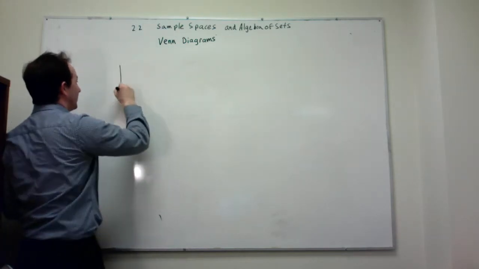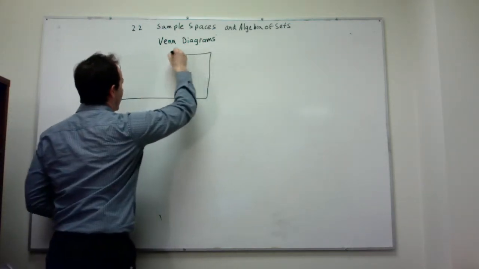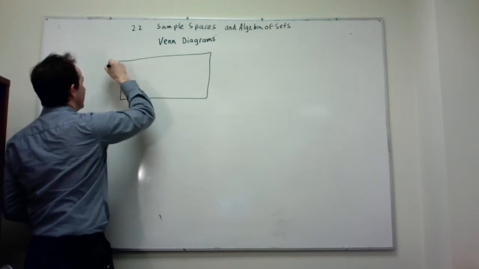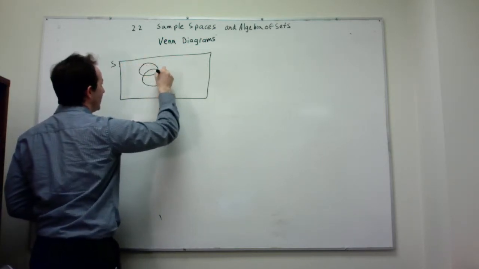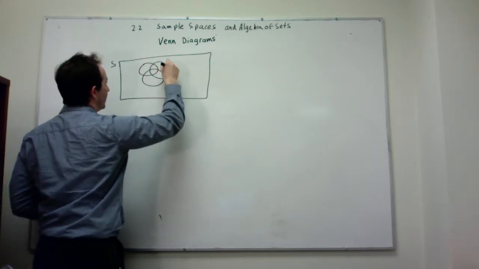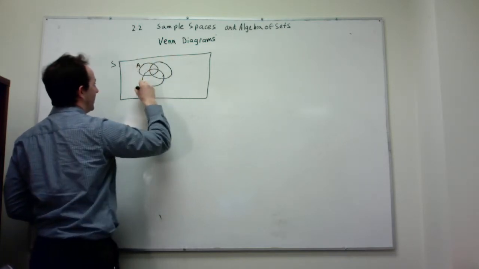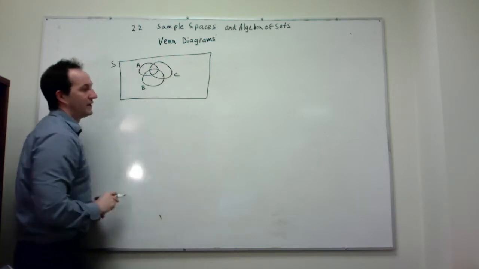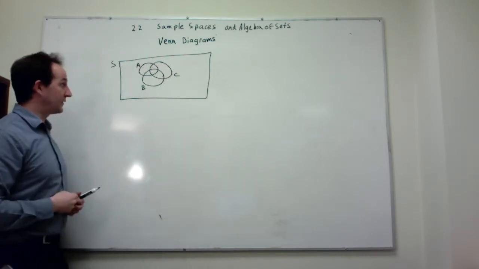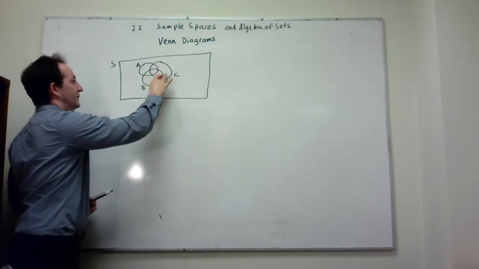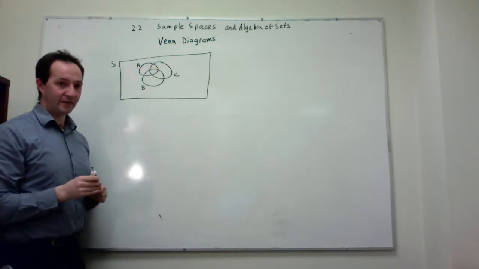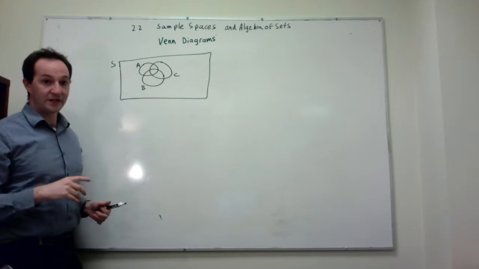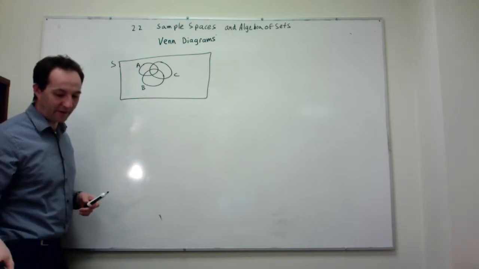So I could think of a situation where I had universal set S and then three overlapping subsets, A, B, and C. And then the different possibilities for where they overlap divides the set into different regions, which you can see clearly on the Venn diagram.